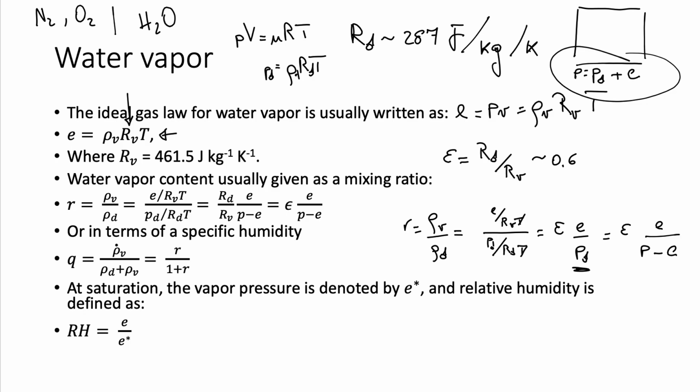If you divide both numerator and denominator by the density of dry air, rho_v over rho_d becomes r, and rho_d over rho_d is 1. So q and r are very closely related.